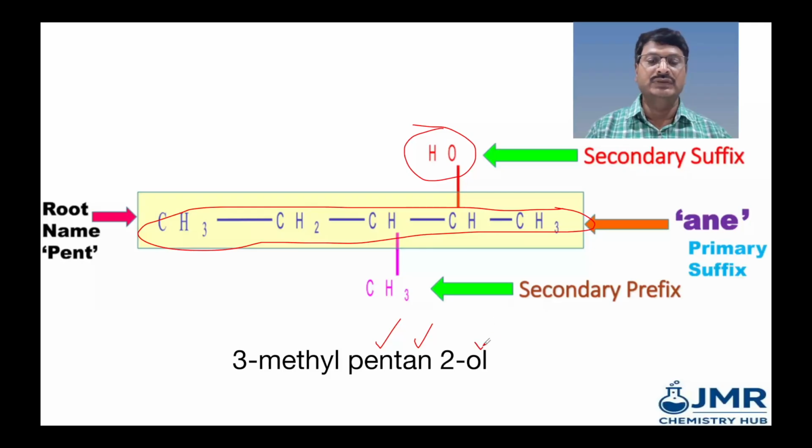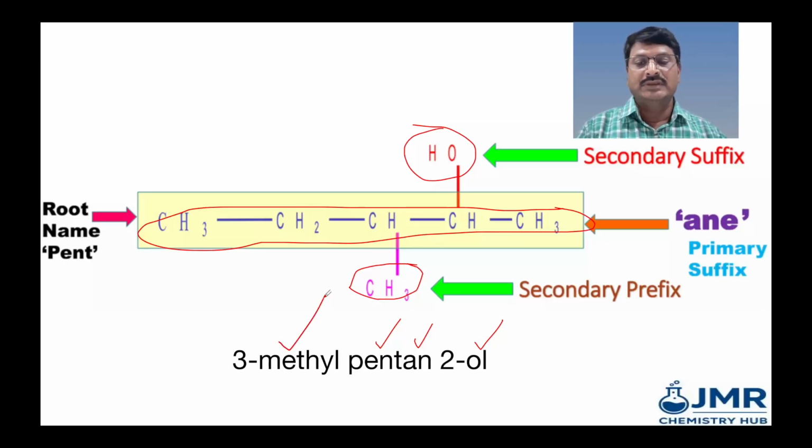The secondary suffix is "-ol", and it contains one substituent, the methyl CH3 substituent. The prefix word for CH3 is methyl. So the prefix is methyl, the root word is pent, the primary suffix is "-ane", and the secondary suffix is "-ol".